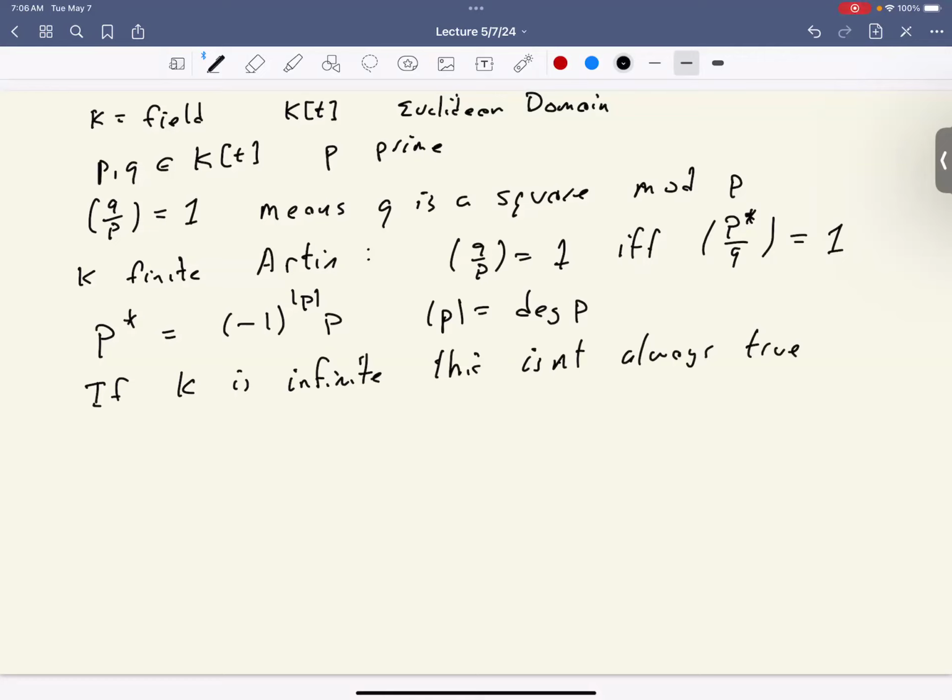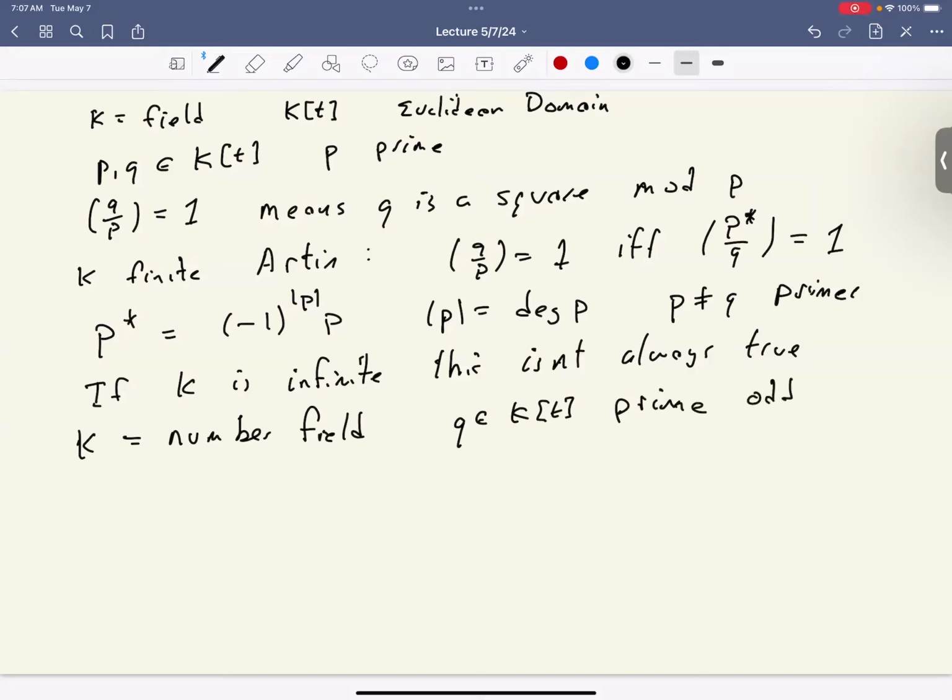So let me say what one of the goals of my talk is. I'll say K is a number field, and I'll let Q be a fixed prime. Here we're assuming P and Q are primes, P not equal to Q. So Q is going to be a prime now, and I'm going to assume it's of odd degree.